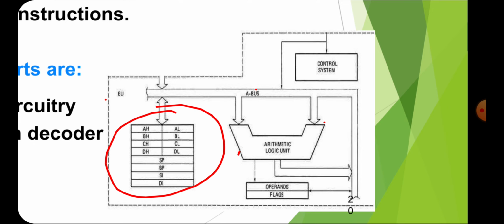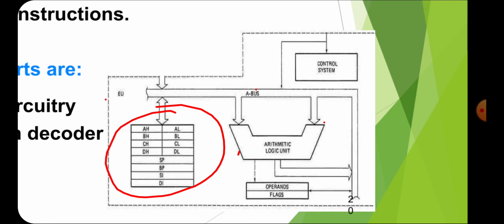The control system sends the signal that there are two operands, BL and CL, which you have to execute. BL and CL are found in the registers. Say BL is equal to 5 and CL is equal to 4.